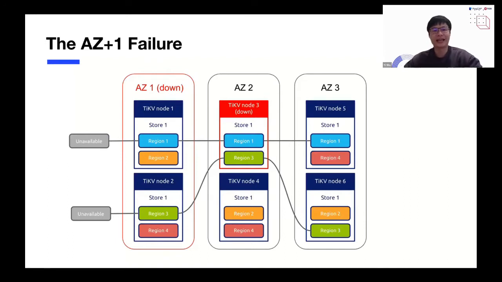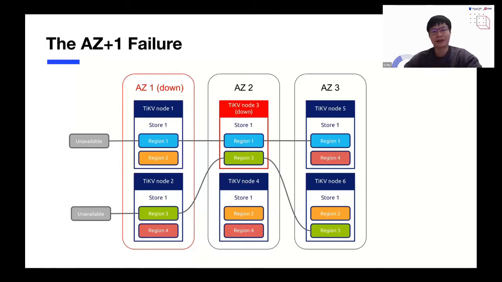In this case, region 1 and region 3 lose their majority, and they couldn't serve traffic. We call this type of problem an AZ+1 failure. We're still left with a cluster that is unavailable and needs human intervention to bring it back up.